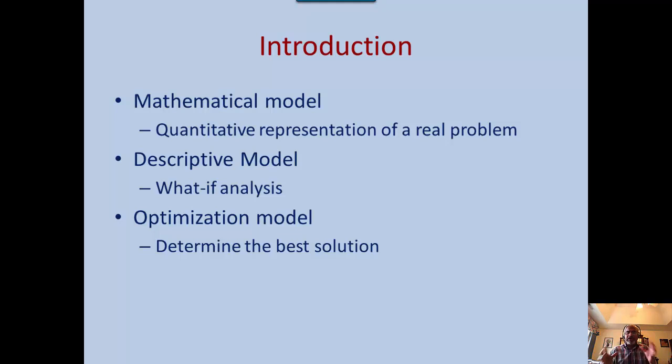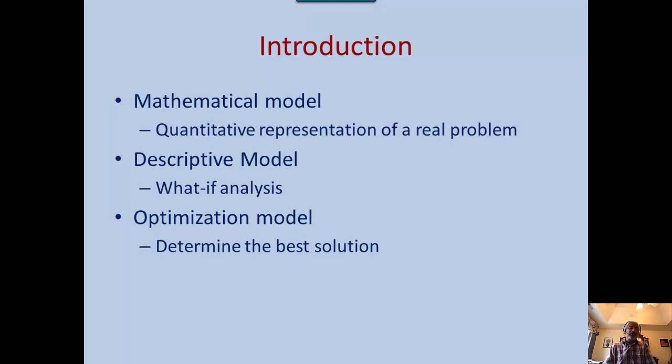So there are lots of different input variables that you may have to do some what-if analysis with. If you change one variable by some amount, another variable by some other amount, what will happen to the outcomes that you're interested in? So your model outcomes is what you're trying to look at by varying the model input. If a model is set up in a descriptive way, then you can do what-if analysis.